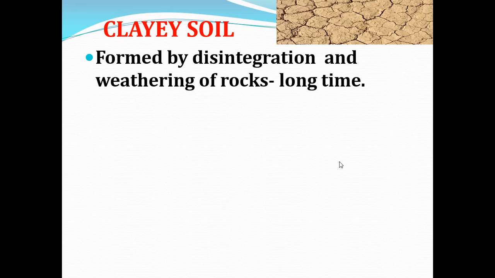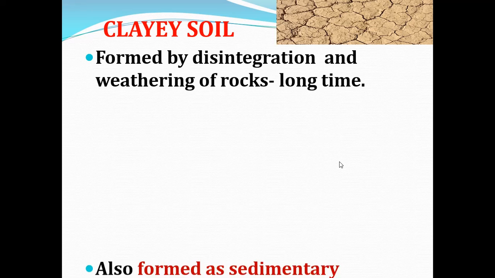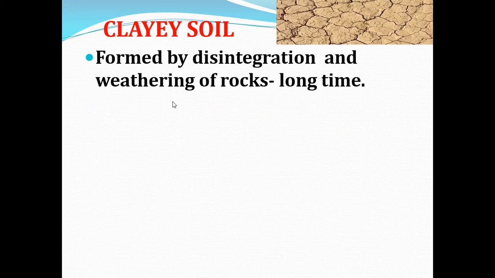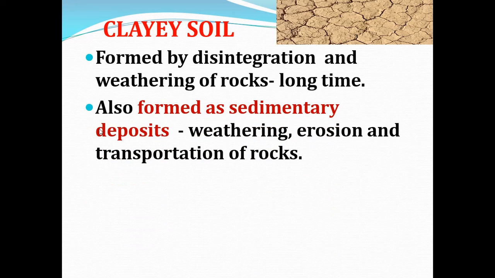As it is formed after a long time, it can also be formed as sedimentary deposits. So deposits of the sediments are also formed. So it can be formed as sedimentary deposits due to weathering. Weathering means breakdown of rocks. Then erosion means removal of the top layer of the soil.